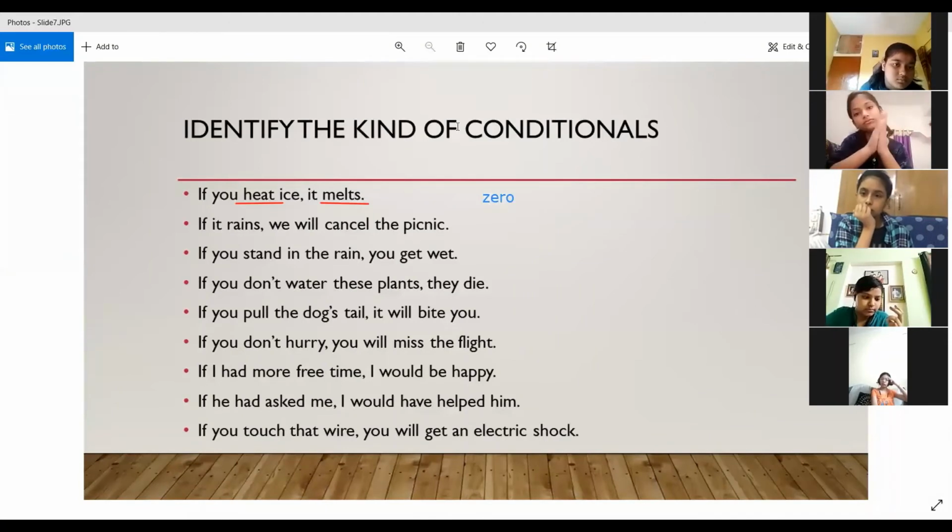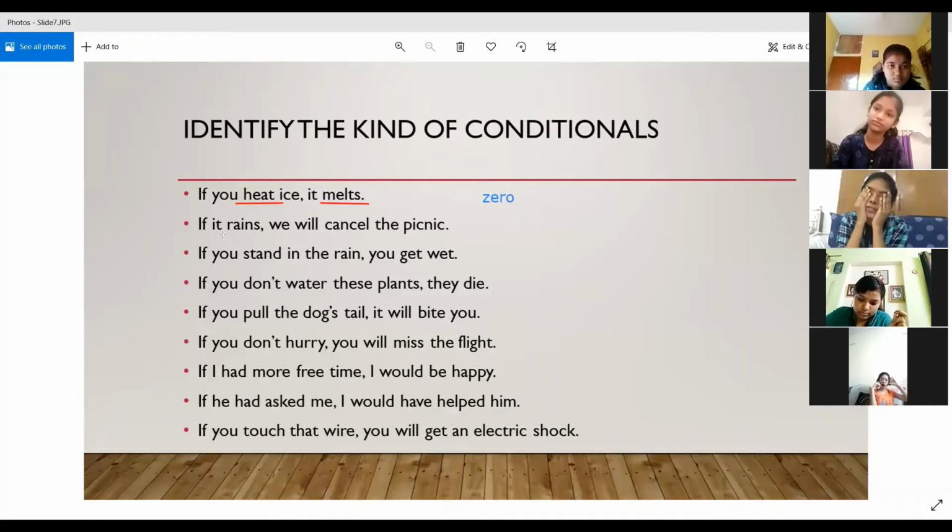Okay. Now, okay, Unnati. Good morning, teacher. It is first conditional sentence, because it is showing possible future. Possible future. All right.